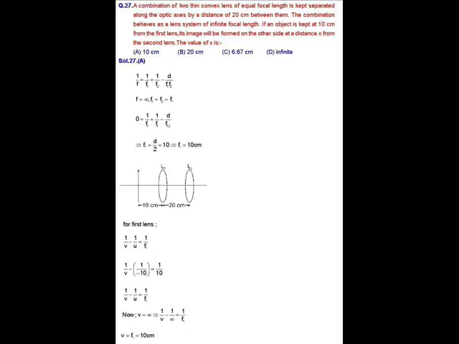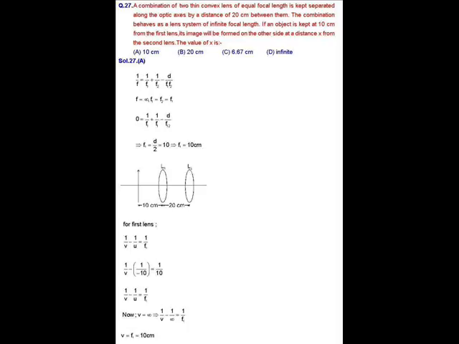Now we know that if an object is placed at the focus, then its image will form at infinity, or if an object is placed at infinity, then its image will form at the focus. According to the question, an object is placed at 10 centimeter from the first lens.